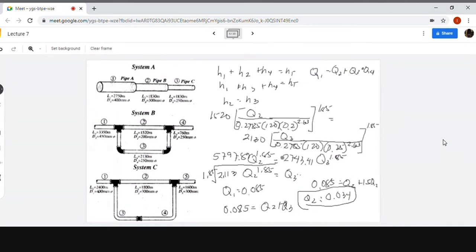Next, we took the constants out, equated them in terms of Q3, then substituted the value into the equation. Since Q1 is 0.085, 0.085 is equal to Q2 plus Q3, where Q3 is 1.5 Q2. So we get Q2 is equal to 0.034.